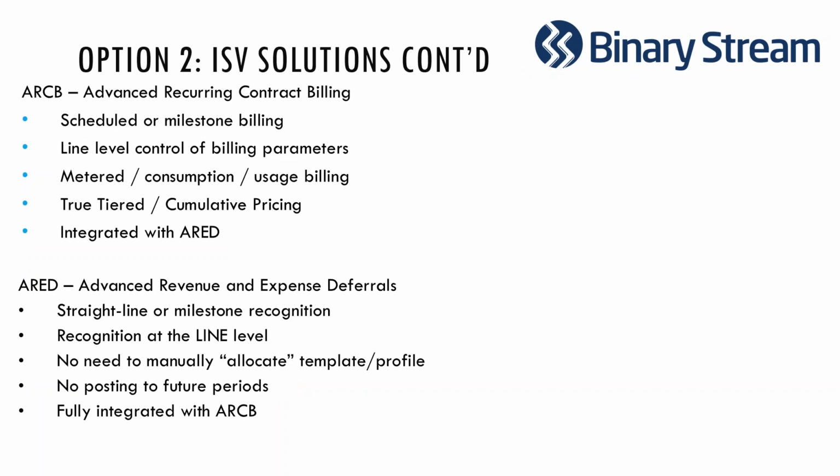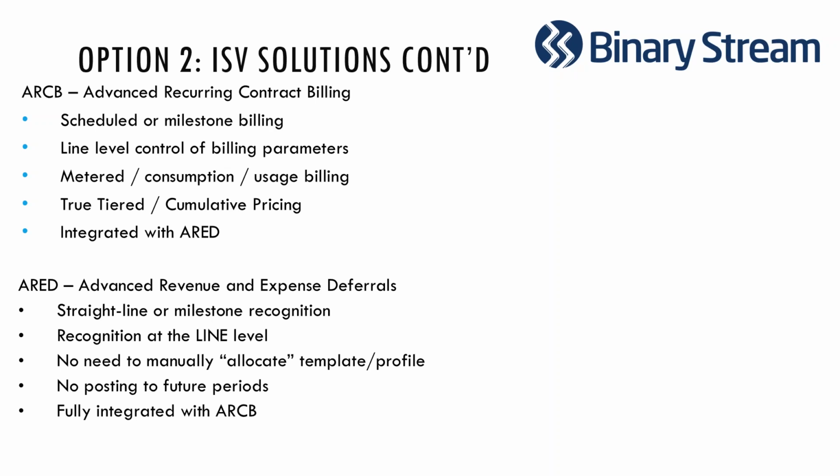So we have a milestone billing module. You get line level control of all of those billing parameters. They can be metered, consumption-based, usage-based, all of that in there as well. True tiered or cumulative pricing. And then on top of that, multi-element revenue allocation will automatically do all of those calculations we saw inside Excel. So you can take your Excel spreadsheets and put them away. We're doing it inside of Dynamics GP.